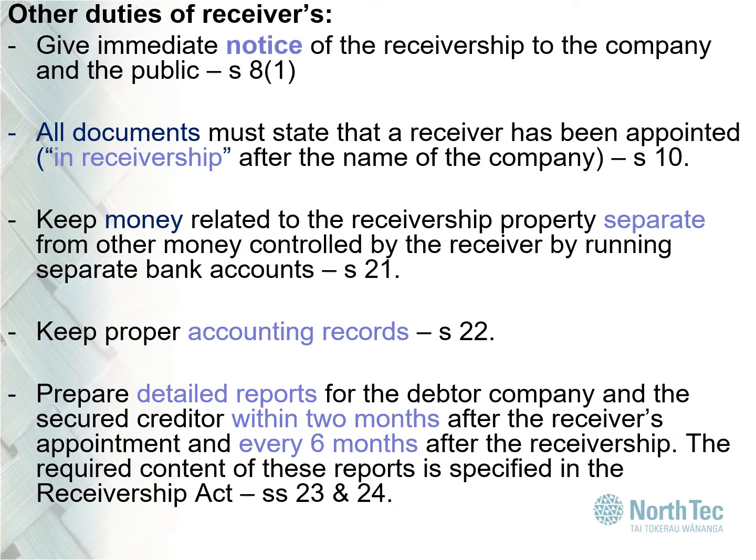And you have to keep proper accounting records according to section 22 and prepare detailed reports for the debtor company and the secured creditor within 2 months after the receiver's appointment and every 6 months after the receivership. The required content of these reports is specified in the Receivership Act, sections 23 and 24.